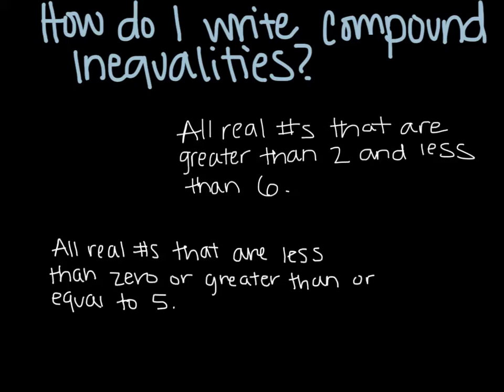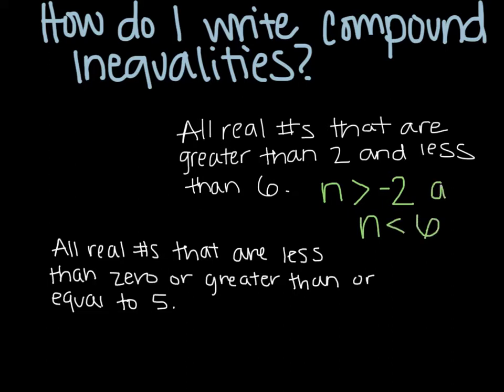Compound inequalities are fun. So the first one, all real numbers that are greater than -2 and less than 6. So what you're going to do is just read it left to right. So all real numbers, so your variable there, is greater than -2, and that same number is less than 6.